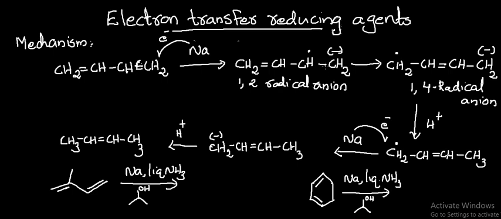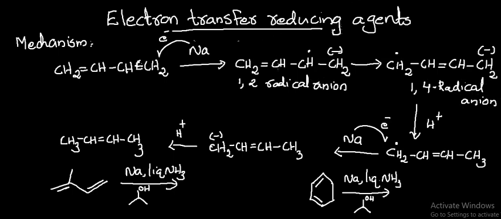So, this is a highly unstable intermediate. It easily decomposes into the 1,4 radical anion.